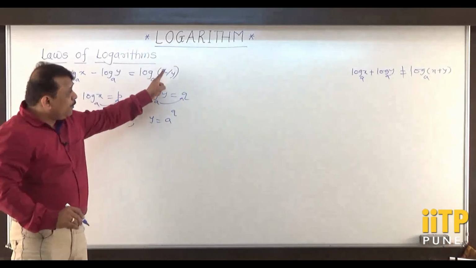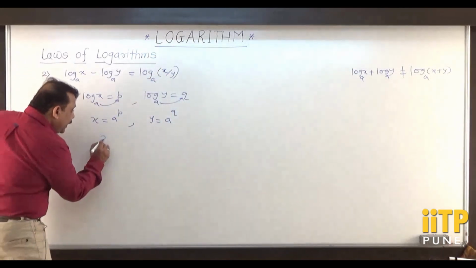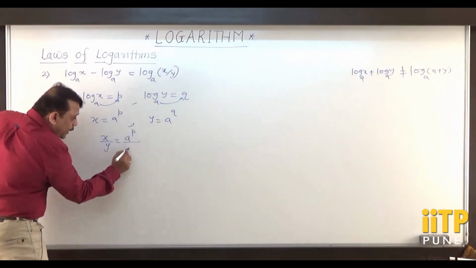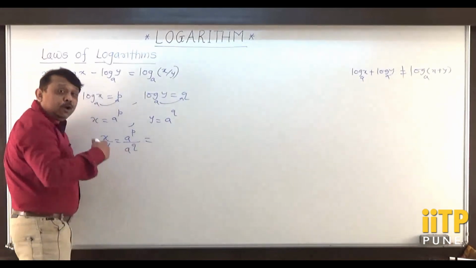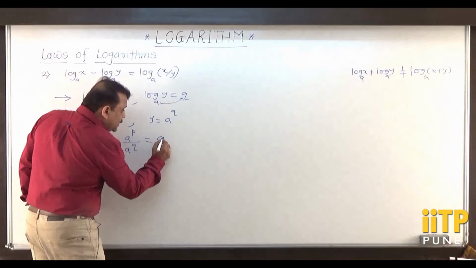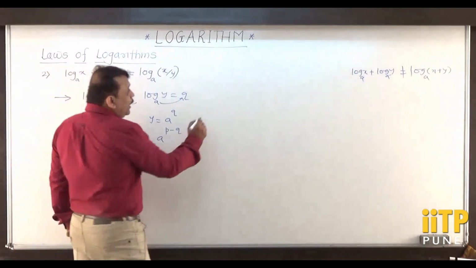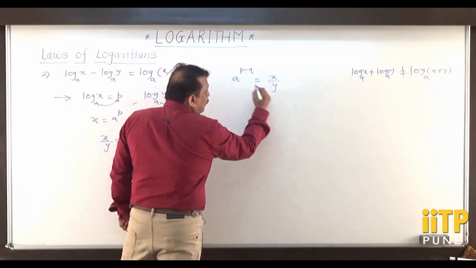Now you want a division, x upon y. So let us take the ratio of the two. We get x upon y is equal to a to the power p divided by a to the power q. From the laws of indices, this is a to the power p minus q. So a to the power p minus q is x upon y.